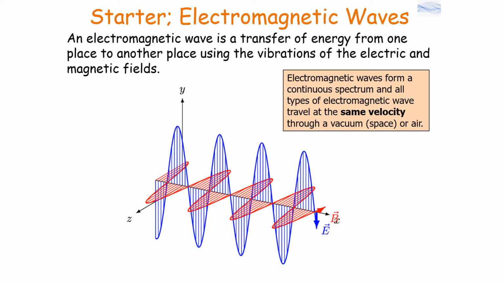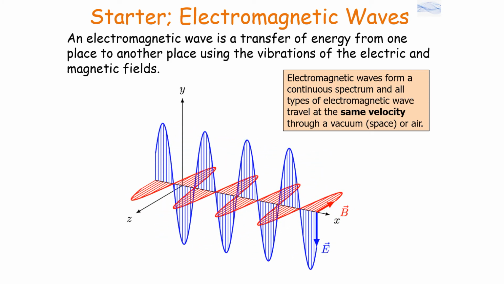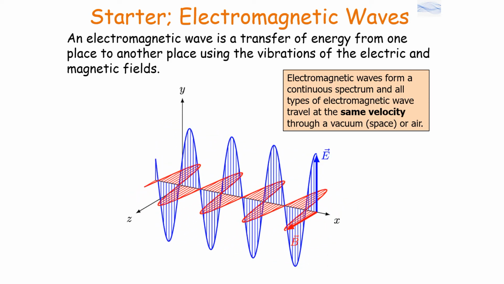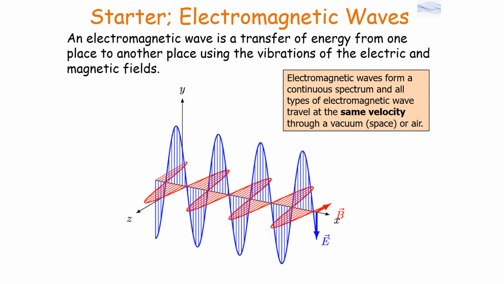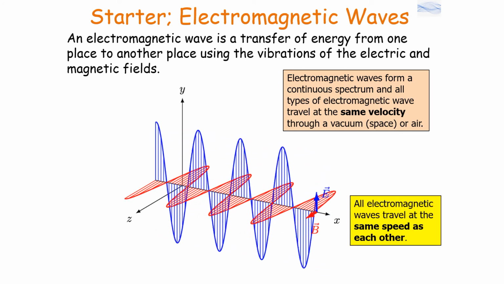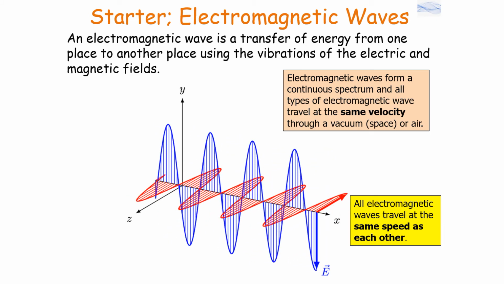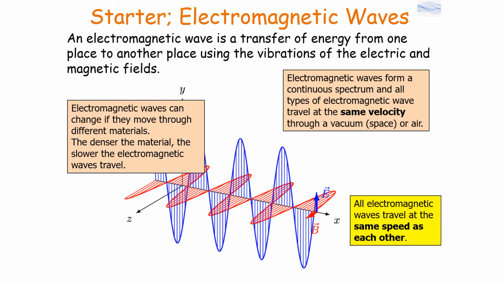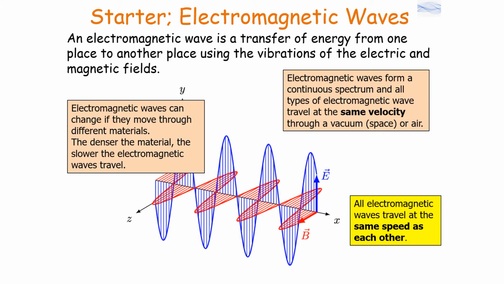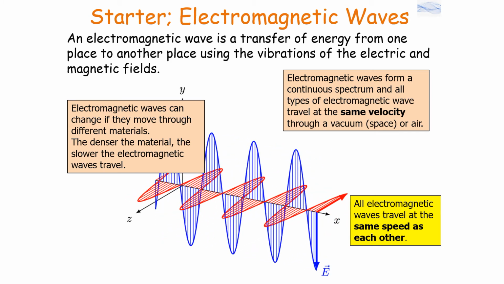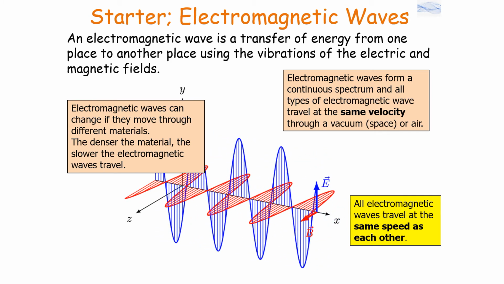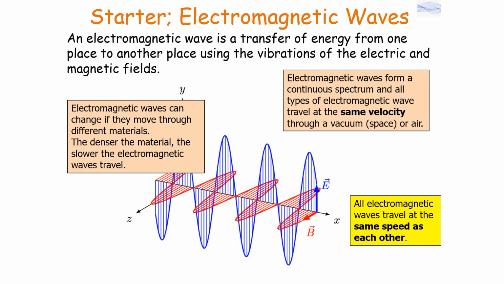Electromagnetic waves form a continuous spectrum, and all types of electromagnetic wave travel at the same velocity through a vacuum or air. So it's important to know that all electromagnetic waves travel at the same speed as each other. Electromagnetic waves can change speed if they move through different materials. The denser the material, the slower the electromagnetic waves travel.